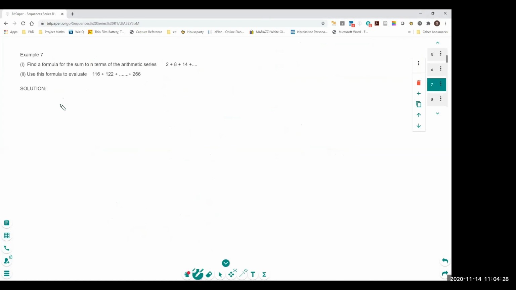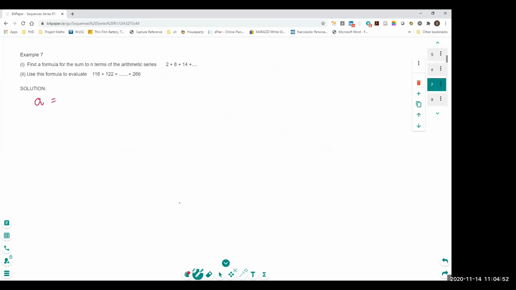So for example 7, they ask you to find a formula for the sum to n terms of the arithmetic series, and it begins with 2 plus 8 plus 14. And then it says use the formula that you work out to evaluate 116 plus 122 all the way up to 266. So for the arithmetic series, what do we know?